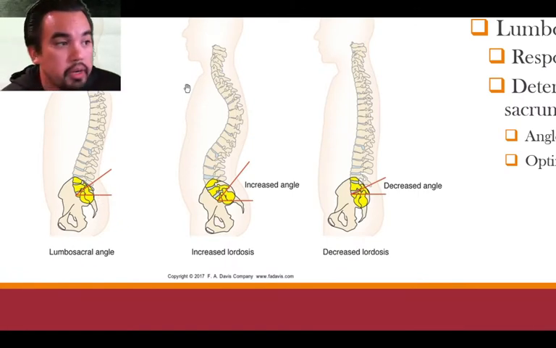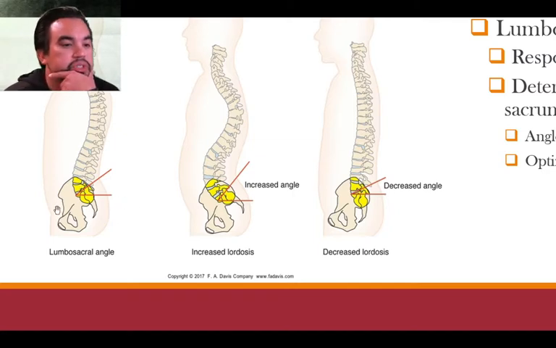So let's take a look here. Our lumbosacral angle. This is a normal lumbosacral angle. We have the parallel line with the floor, and then from there the anterior portion of that sacrum, and how L5 and the sacrum kind of meet. So you notice that with increased lordosis, right, we have nutation happening right here in the middle. So the sacrum is anterior, and then the distal portion is moved posterior.